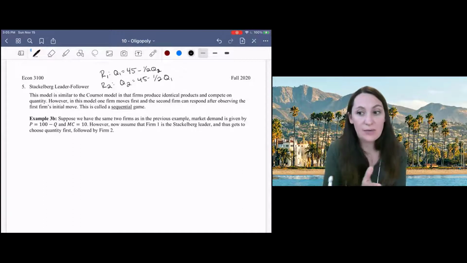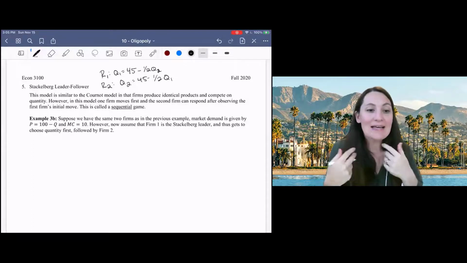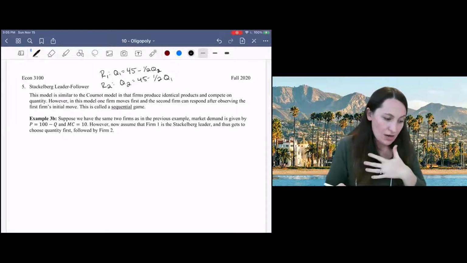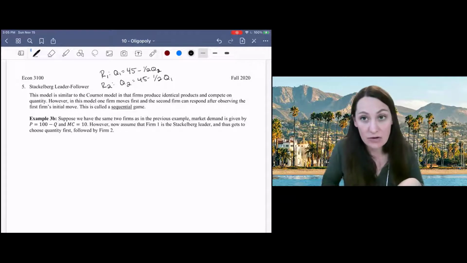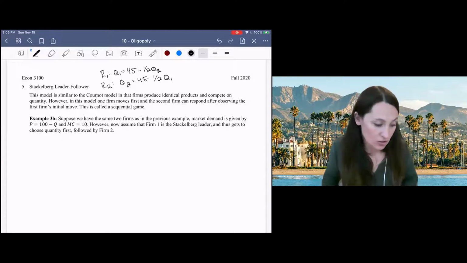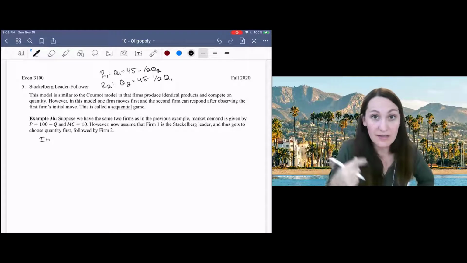Firm two sees firm one's quantity, plugs it into their reaction function, and then reacts. But firm one knows that. So firm one is going to make their best choice by taking into account firm two's anticipated reaction. Let me just write that down because it's a little bit inception here.